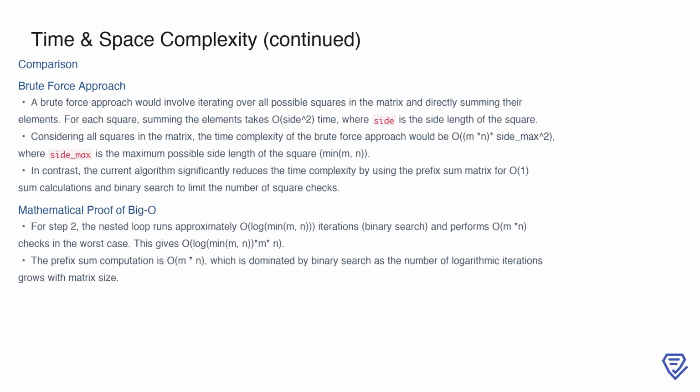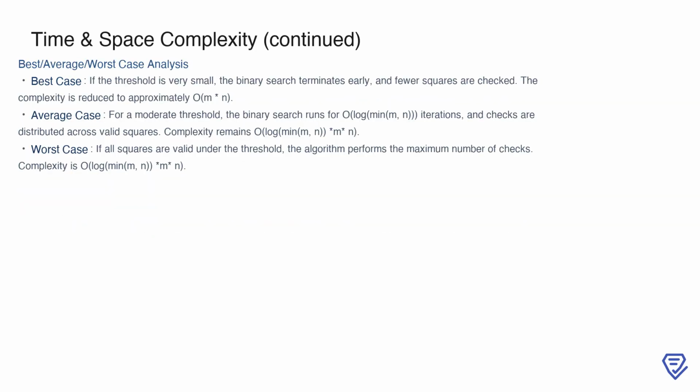Finally, let's analyze the algorithm across different scenarios. In the best case, where the threshold is very small, the binary search terminates early because most squares are invalid. Here, the complexity reduces to approximately O(m * n), as fewer squares are checked. In the average case, for a moderate threshold, the binary search performs O(log(min(m, n))) iterations and the checks are reasonably distributed across valid squares.